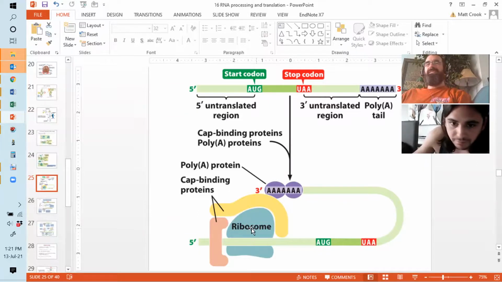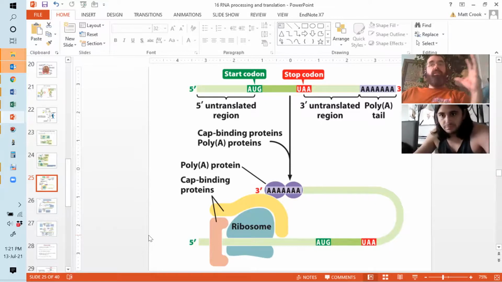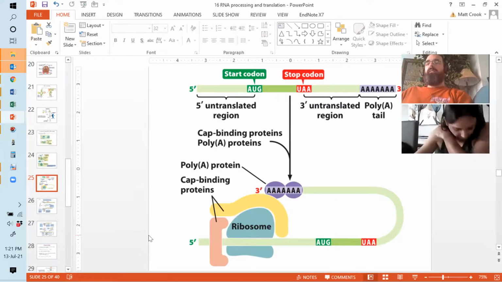Essentially what happens here, and this isn't an entirely accurate picture, is that we have a scanning mechanism. In eukaryotes, the ribosome assembles near the end of the transcript and scans along until it finds the start codon. It doesn't assemble on the start codon.